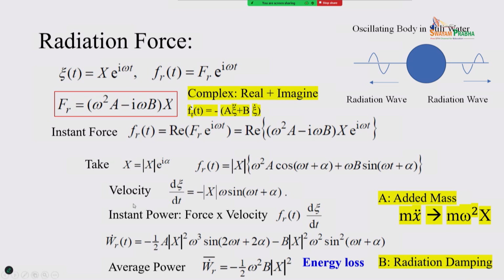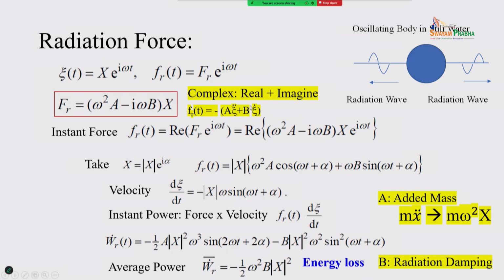That is in the frequency domain. In the time domain, you can also say A times acceleration plus B times velocity is the force: one is the mass term, the other is the damping term.